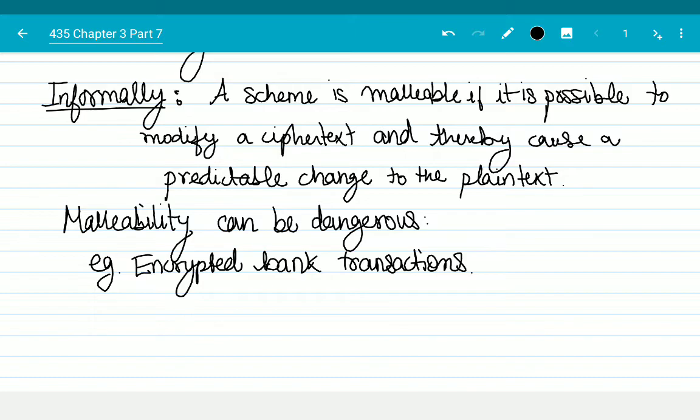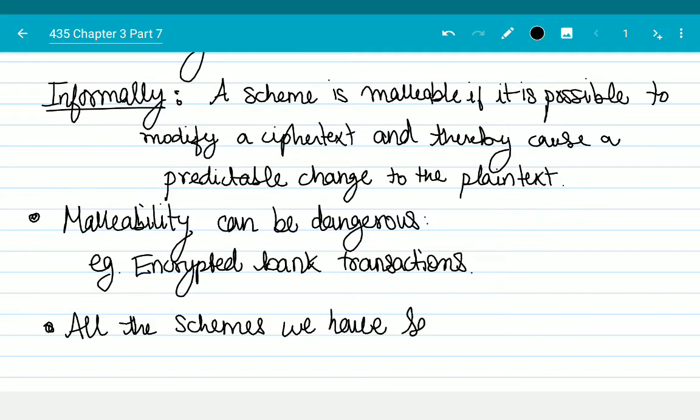But the problem is every scheme we have seen so far is malleable.